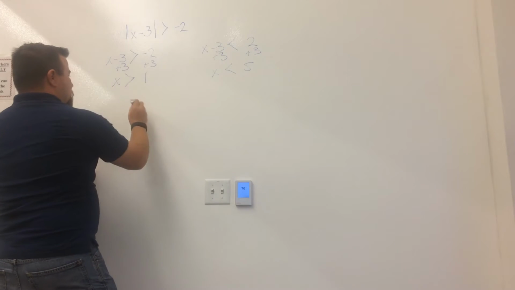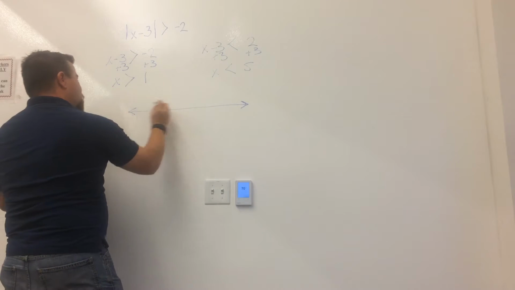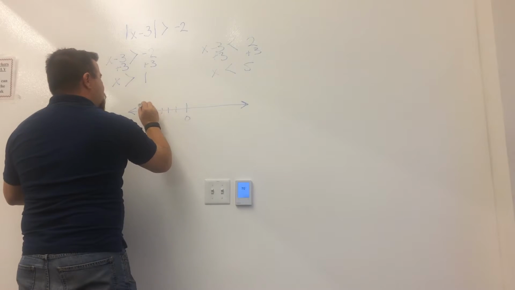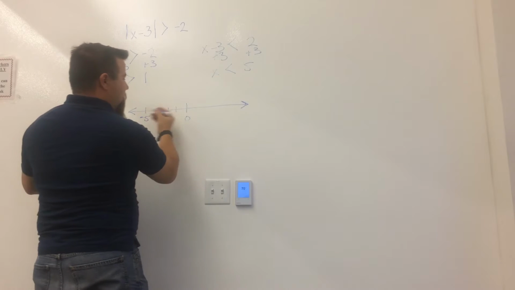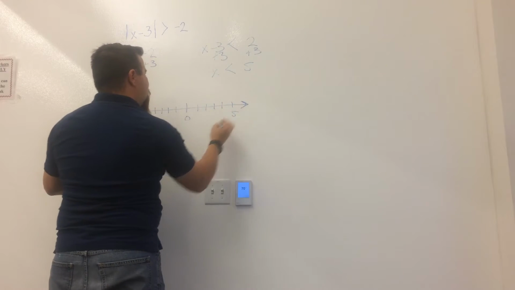So if we were to put it on a number line with 0, 1, 2, 3, 4, 5, negative, because that's the negative side, 1, 2, 3, 4, 5, positive.